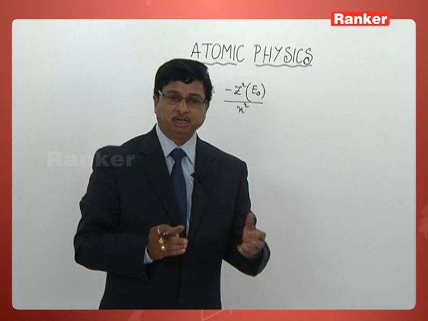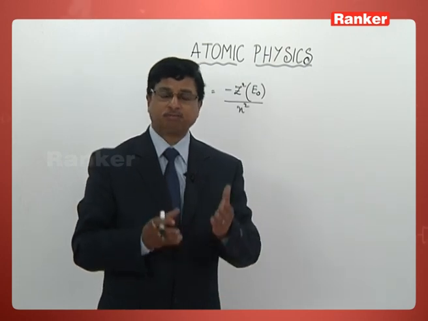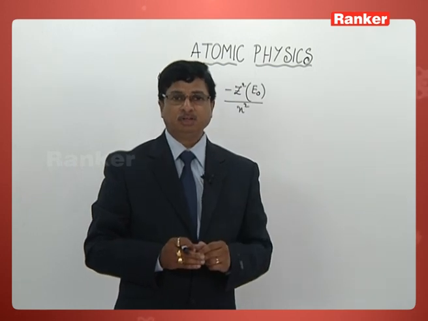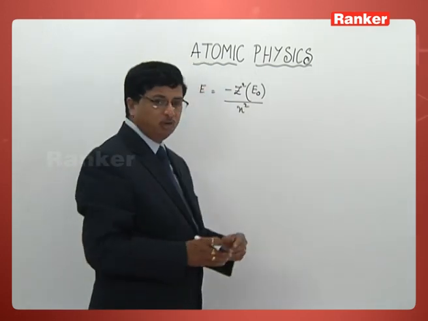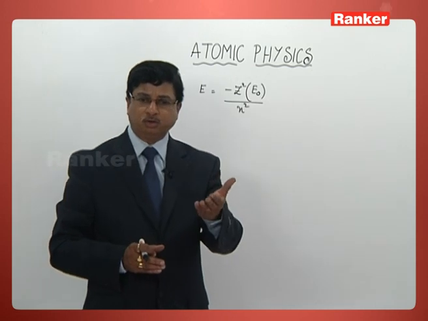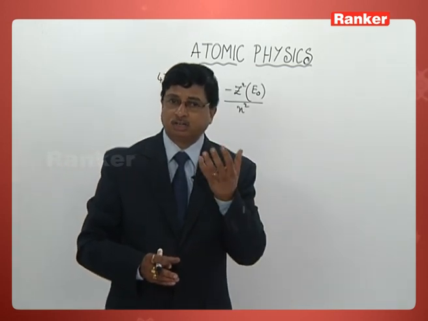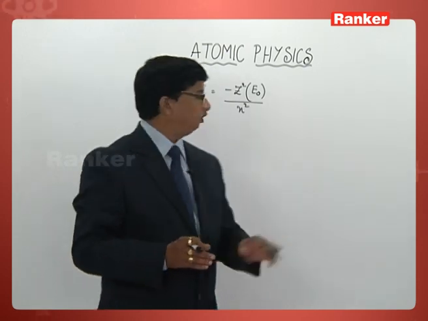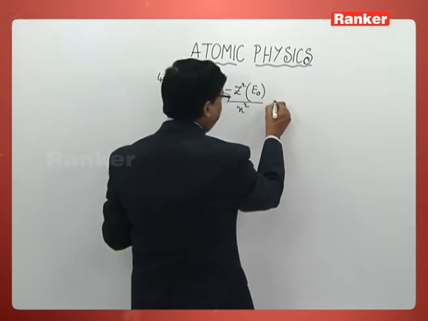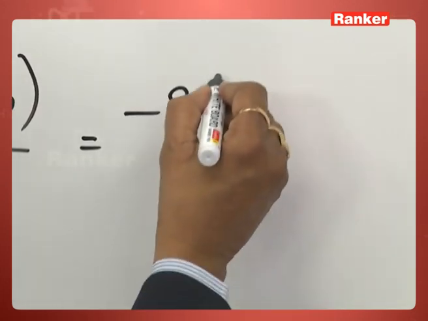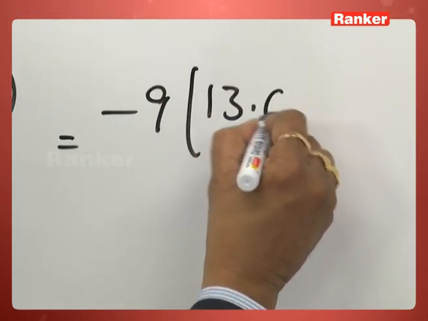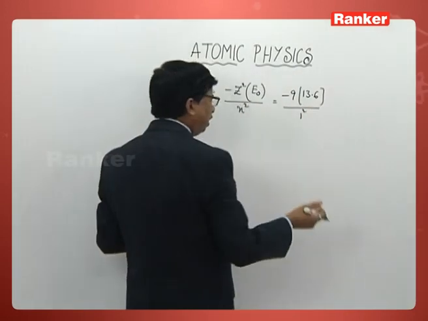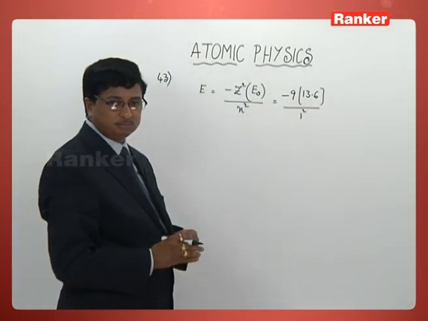But here he is talking about lithium, of which the value of Z is known to us as 3. And of course, the E naught value we know is 13.6 electron volt. It is a known value to every one of us. So minus Z square into 13.6 by 1 square, whether you write it or not hardly matters, it is 1.